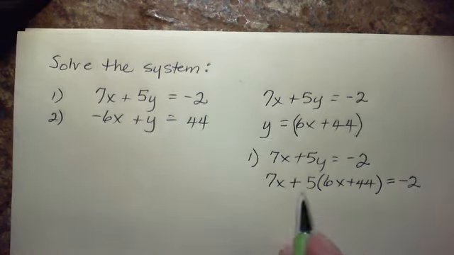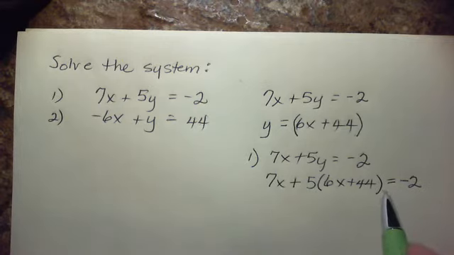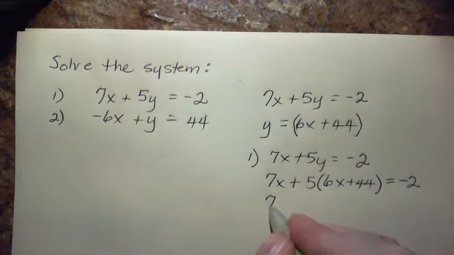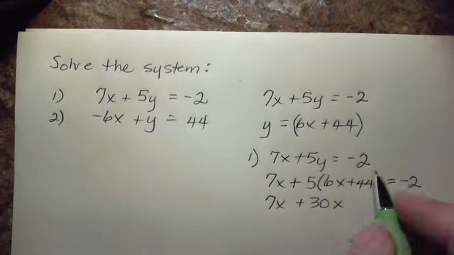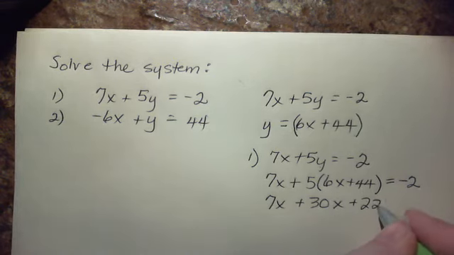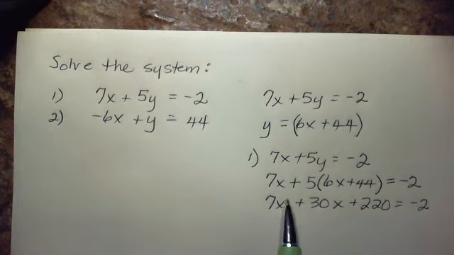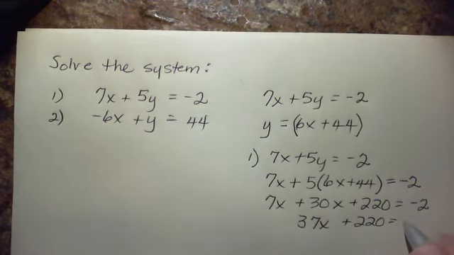I'm going to carry out the solving for x here, so I need to distribute 5 to the parentheses. 7x plus 30x, 5 times 44, that would be 220, is equal to -2. And now I can collect like terms here. 7x and 30x is 37x plus 220 is equal to -2.